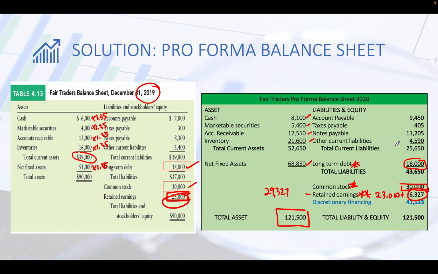So dalam yang lain pula, account payable, tax payable, notes payable, ada current liabilities ni semua dia akan berubah sama macam sales. Sales increase, dia pun increase. Ya? So kita darabkanlah dengan 1.35. Ini semua darab dengan 1.35. Okay, total berapa? So kita akan dapatlah this amount.